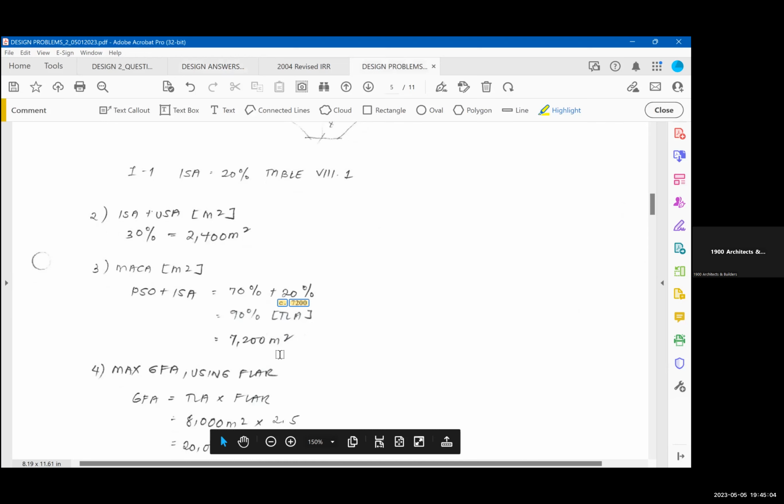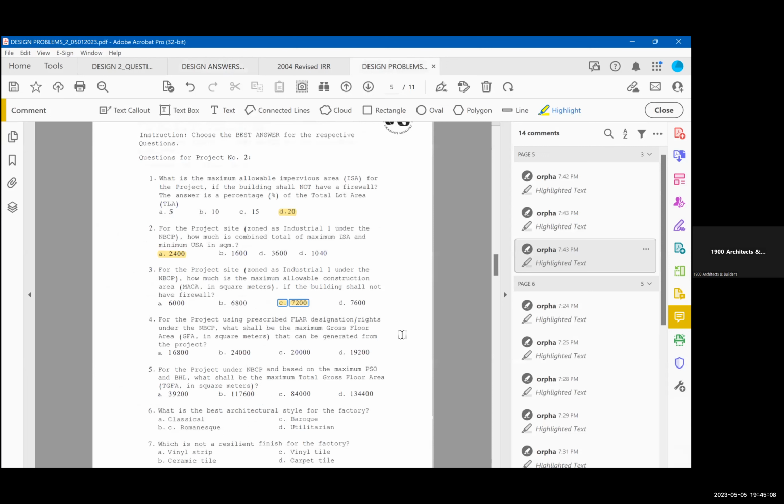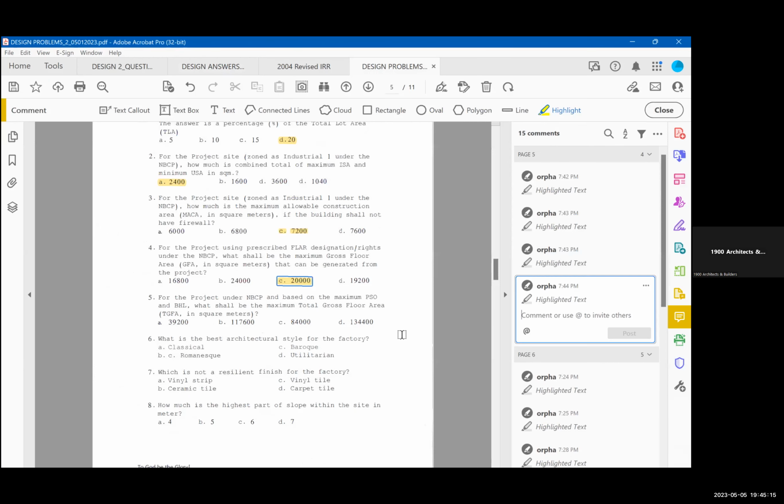Okay, so for number 5, for the project under NBCP and based on the maximum PSO and BHL, what shall be the maximum TGFA per square meters?